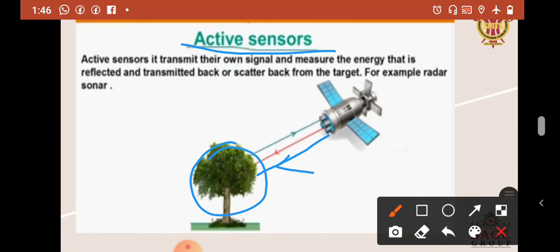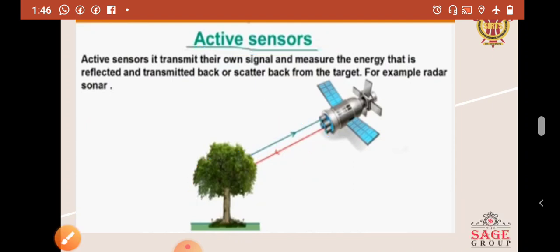The tree absorbs these signals or light or energy and then reflects some energy. These reflected, transmitted back or scattered back signals are sensed by sensors. These sensors record this data and send it to the receiving station.